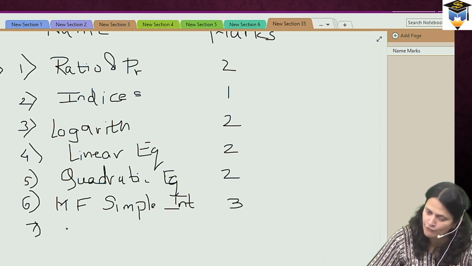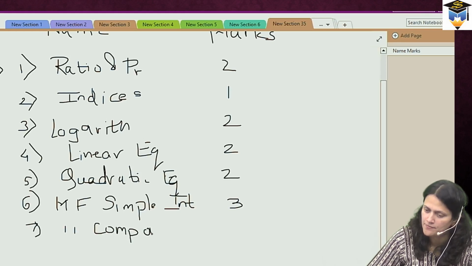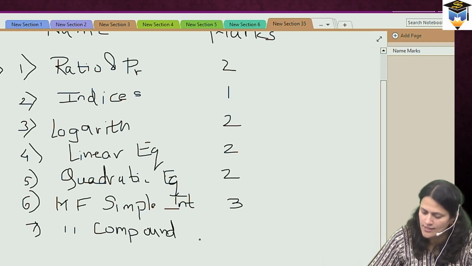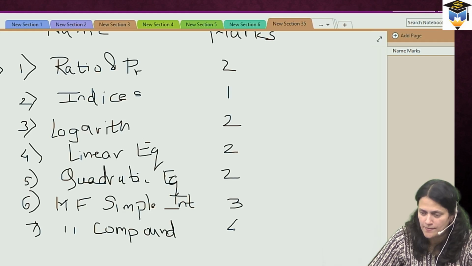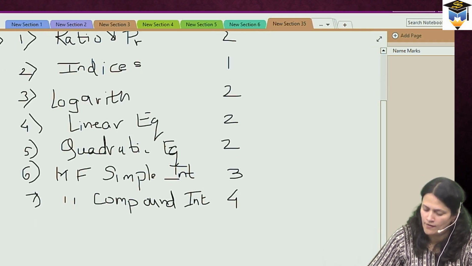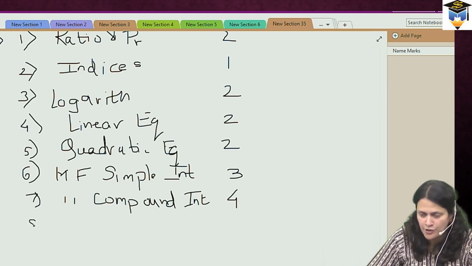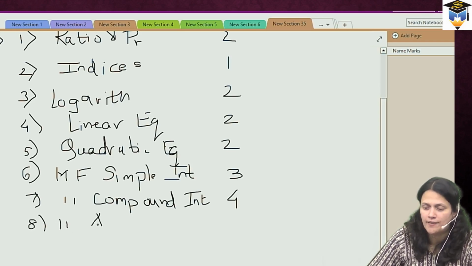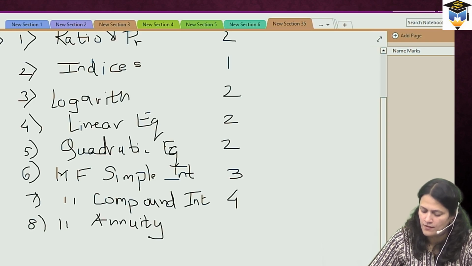Next, mathematics of finance, compound interest. This is asked for 4 marks. Then, again the same heading, mathematics of finance but annuity. Number of marks allocated are 4 marks.